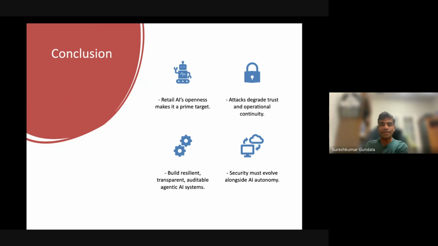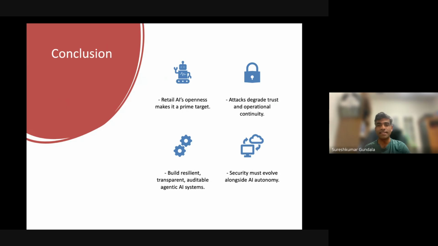So in conclusion, retail AI's openness makes it a prime target for bad actors or attackers to exploit the weaknesses in the agents and thereby corrupt the agents, which again drives financial losses to the company.